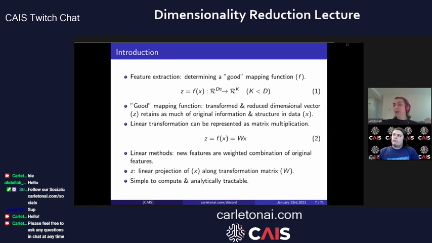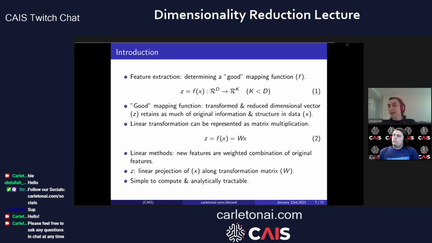And as you can see, we're going to go from D-dimensional space to K-dimensional space, where K should be smaller than D, right? So a good mapping function is supposed to transform and reduce the dimension of the data while also retaining as much of the original information that was available in the original data, right? And since we're going to focus on linear transformations, we know that function f is going to be linear.